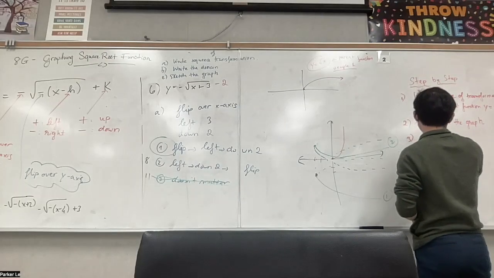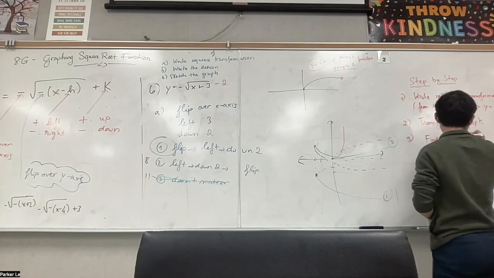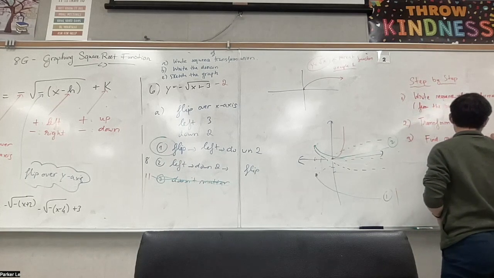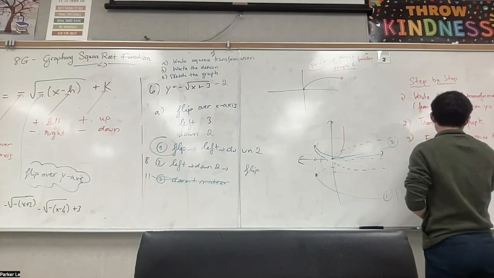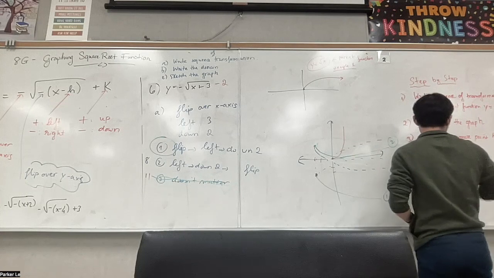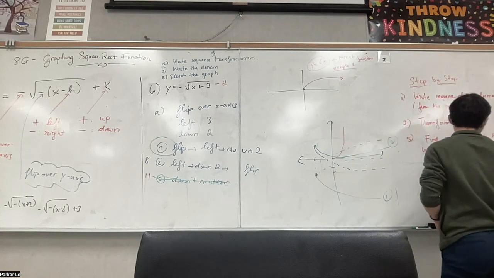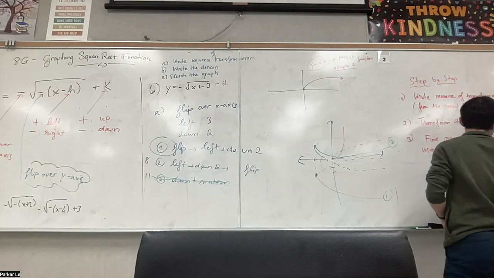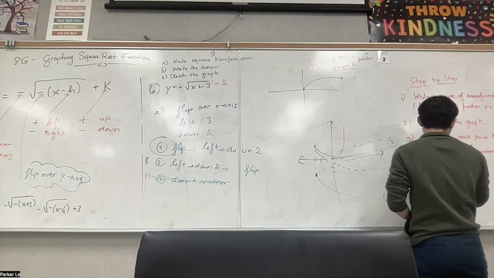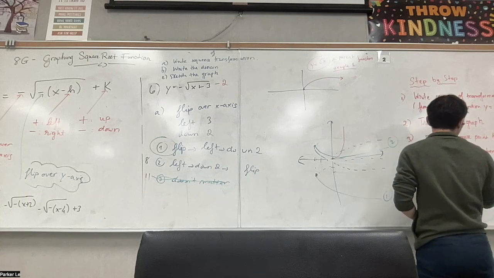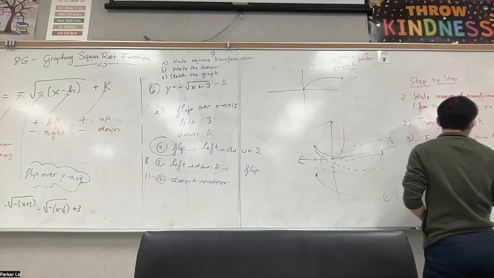And third step is find 1 more point by using t-table. Number inside square root should be a perfect square number.